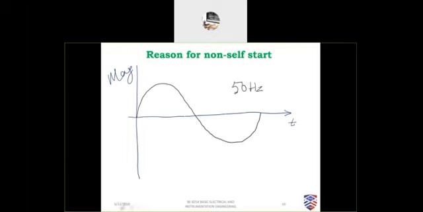Can anybody tell me quickly what the time period is? Frequency is 50 hertz, and what is the time?